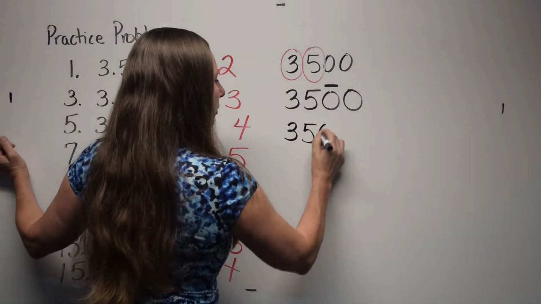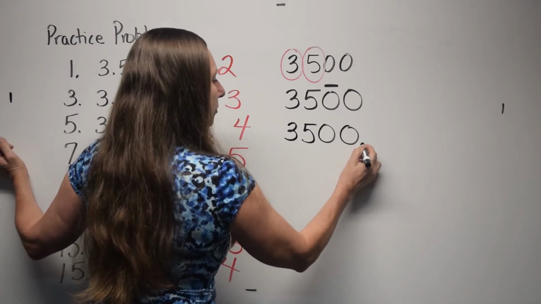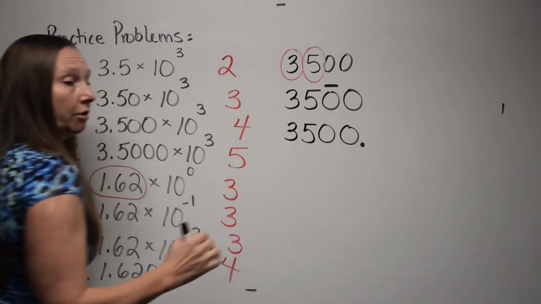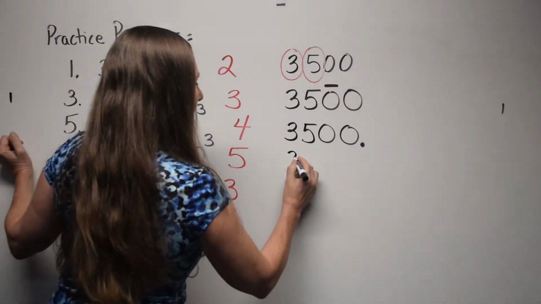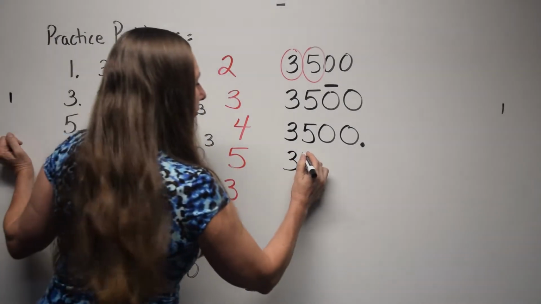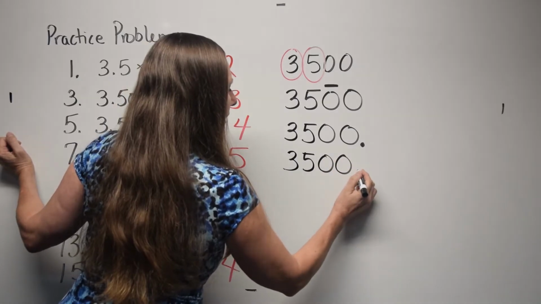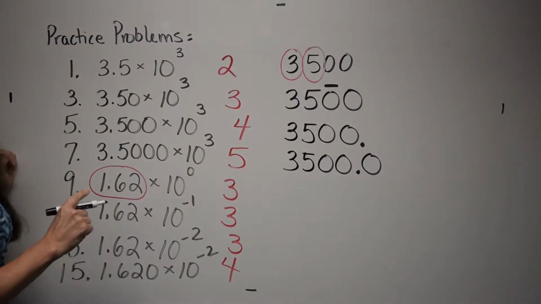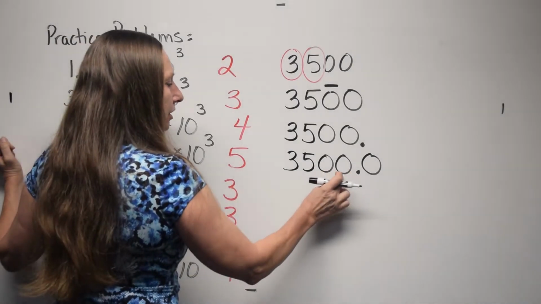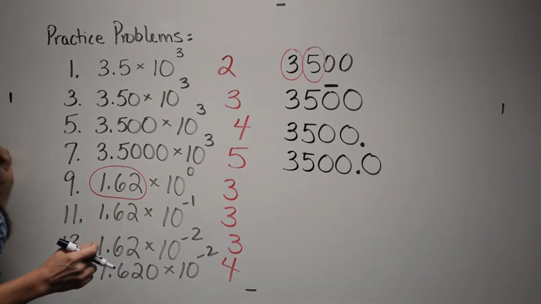Put the decimal there, and that makes these 2 zeros significant. All right, here, 3 places, 3,500. Put the decimal. So we've got 1, 2, 3 significant figures. That decimal makes these 3 zeros significant.